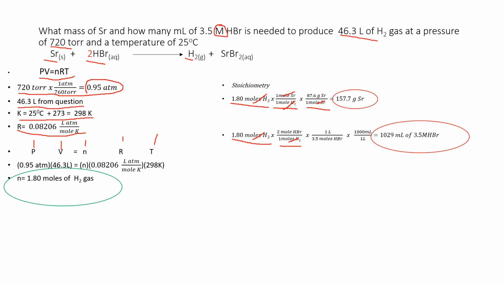I want the moles of the HBr to cancel out. They do. Now I have liters. This question asks for it in milliliters instead of liters. So lastly, a quick milliliters to liters conversion, and we can determine what volume of that 3.5 molar HBr we actually need.